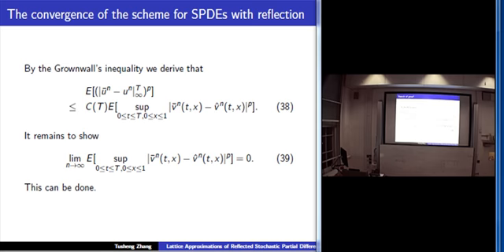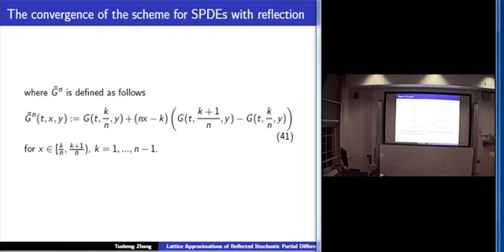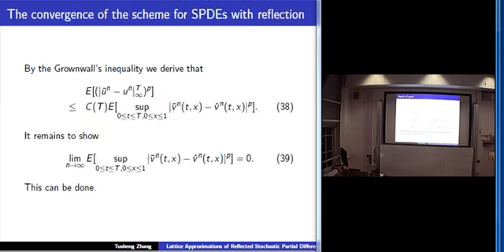So if we write down term by term, there will be 4 terms. We need to prove that the supremum of each of them converges in LP. This can be done. We first prove that for each fixed t and x, each term will tend to 0 in LP.